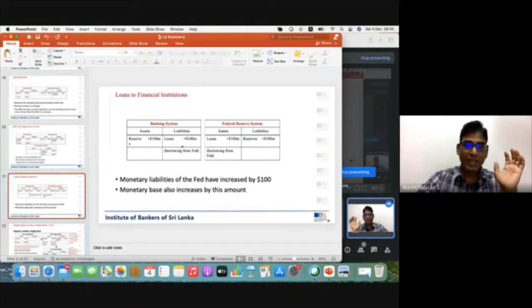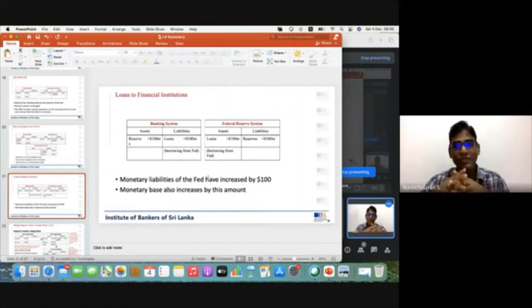What will happen to the banking system if you take a bank A? Now on the liability side, they borrow from the Fed, a central bank loan, increased by 100 million, and reserve, because it's in a central bank reserve account, so the asset also increases. Now we can see the monetary base increase.